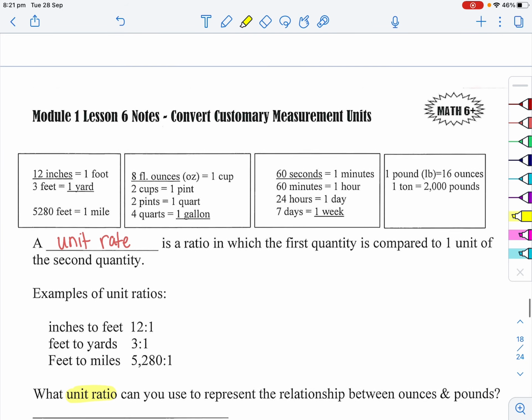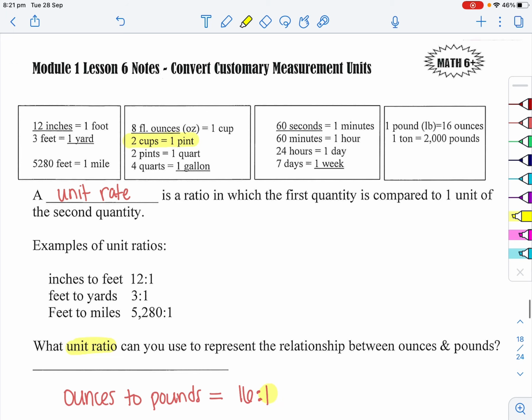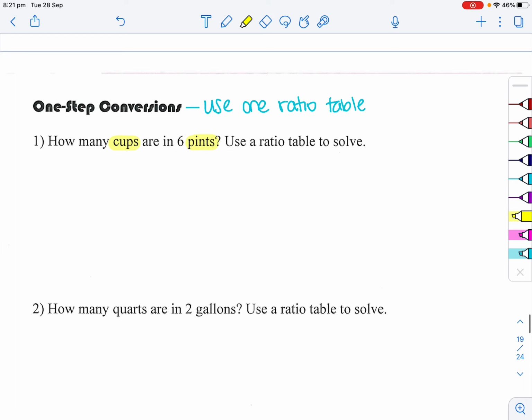If I look at the table up here, cups and pints are connected because there are 2 cups in 1 pint. So I'm going to come down here and say 2 cups equals 1 pint. That's the unit ratio that I am using to help me solve this problem.